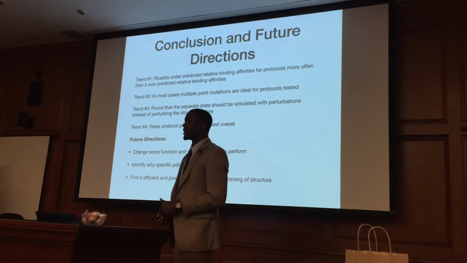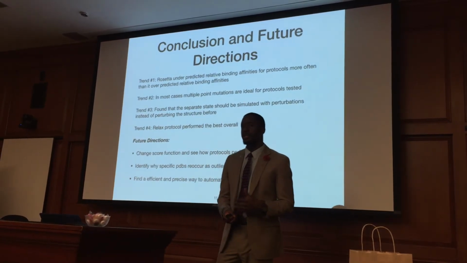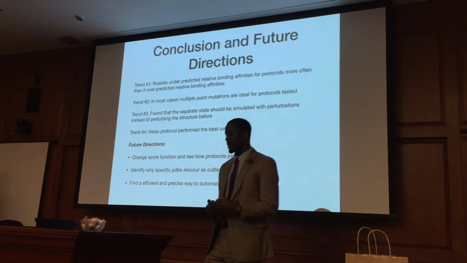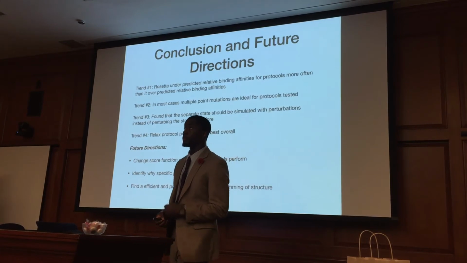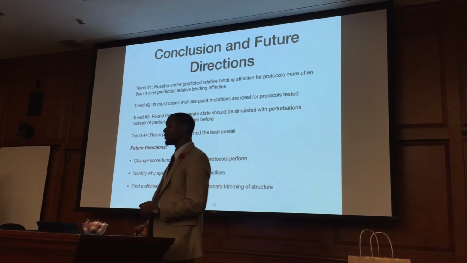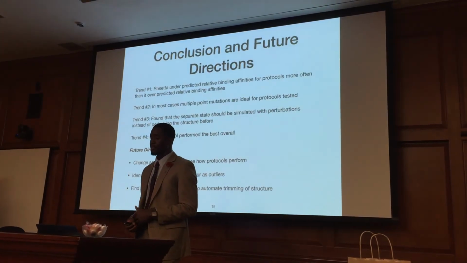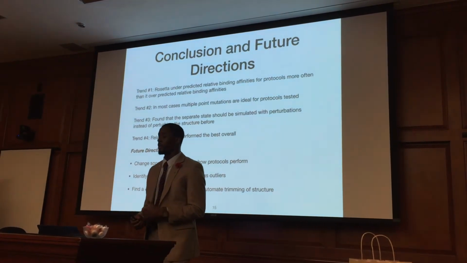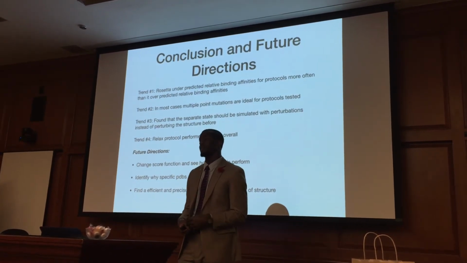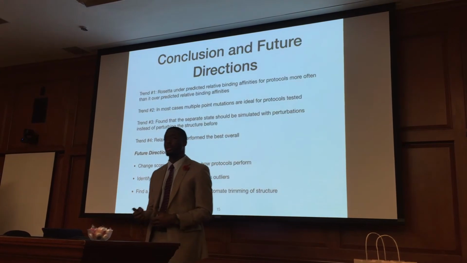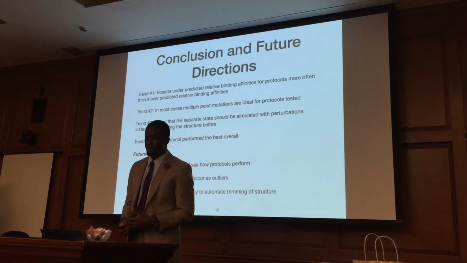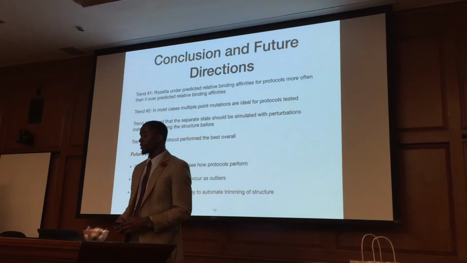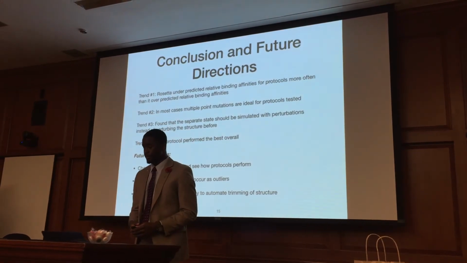In the future, I would like to change the score function to see how the different weights affect the overall simulations of this data set. I also want to identify specific protein structures that reoccur as outliers. Why are those outliers? Why do they confound the data set that we're using on the protocols that we're using?